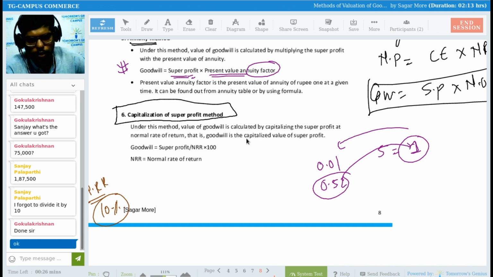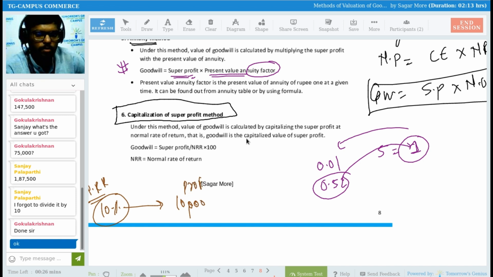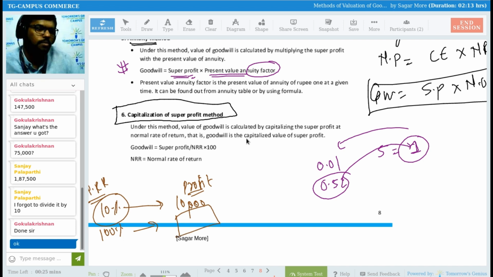At 10% normal rate of return, your profit is 10,000 rupees. If I say your normal rate of return is 100%, what will be your profit?